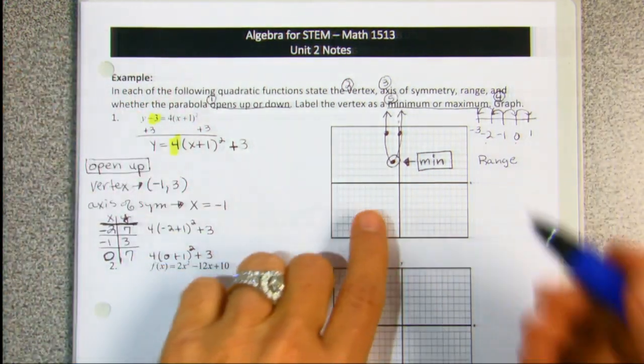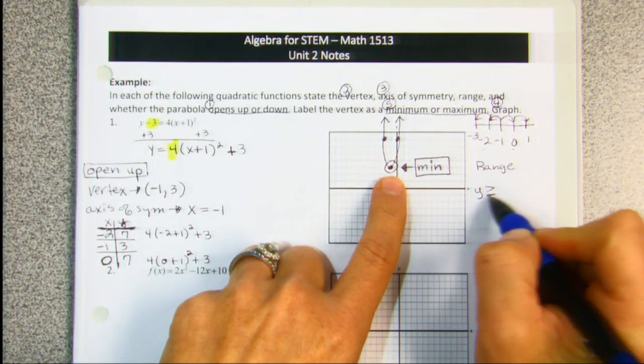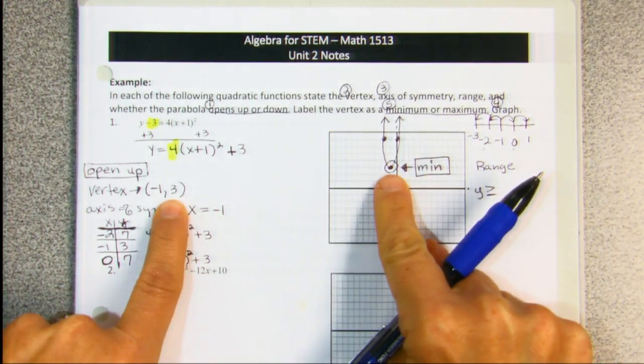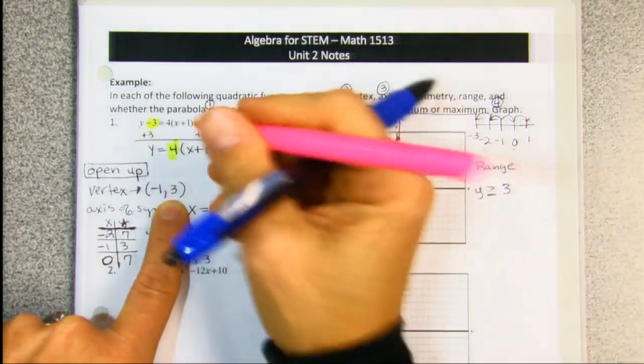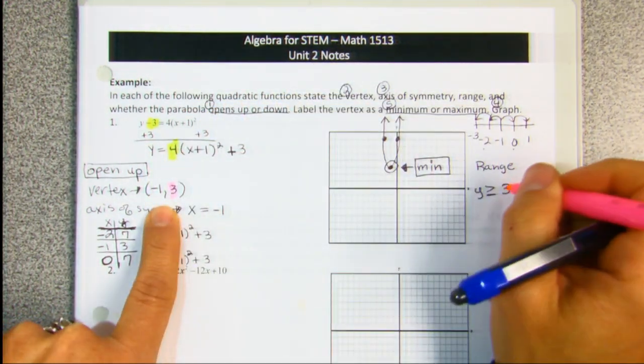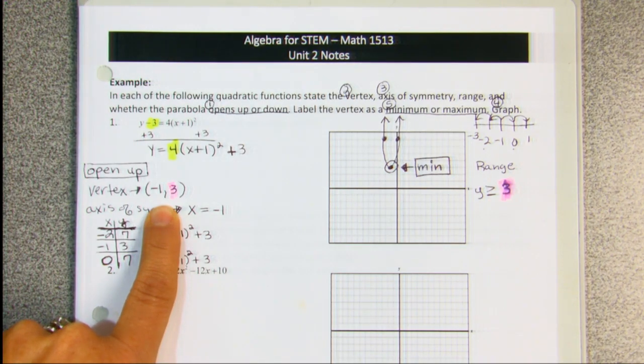So what we would say is, because range deals with y's, y is any number greater than or equal to that y value of your vertex. So 3. Oops, I got really smudgy, I'm sorry. But we're going to write it in interval notation.